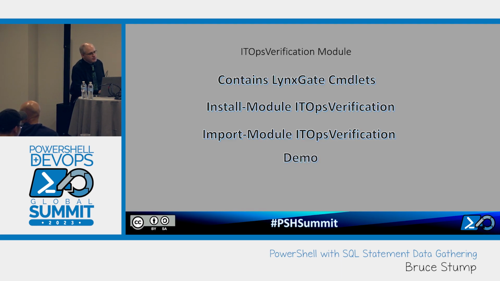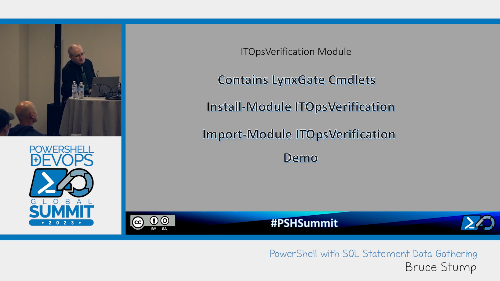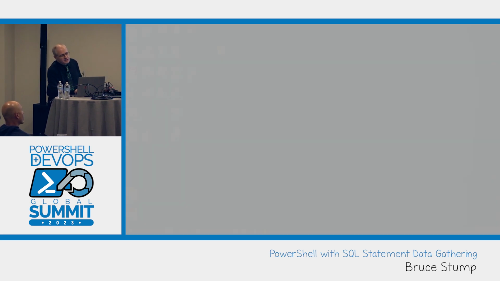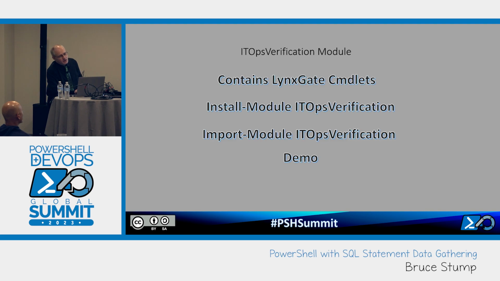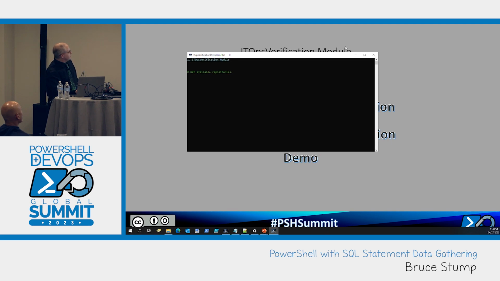I'll have a little short demo. Hopefully this will go okay, because I'm trying this for the first time. It's a utility I saw on Slack that somebody else posted. It should make it easier than just typing everything out, so we'll see how it goes.